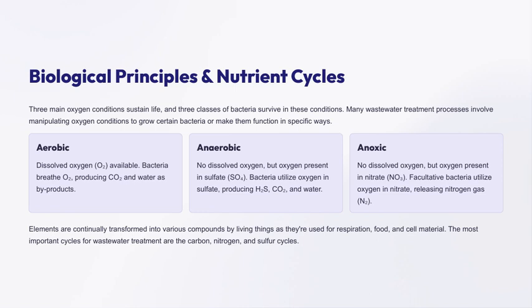All these bacteria-driven transformations are part of larger nutrient cycles, specifically carbon, nitrogen, and sulfur cycles, that continually convert elements into different compounds. These cycles are fundamental to wastewater treatment because they help us manage and remove pollutants effectively, making sure the water is safe and clean before it's released back into the environment.